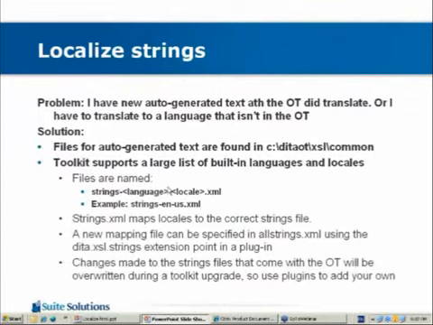And there's strings.xml, which maps a language to a specific string file. So your plugin can have a new mapping file that lists your new languages, or even the languages you're using, to your new files in your plugin, and then it'll be available when you run your files.